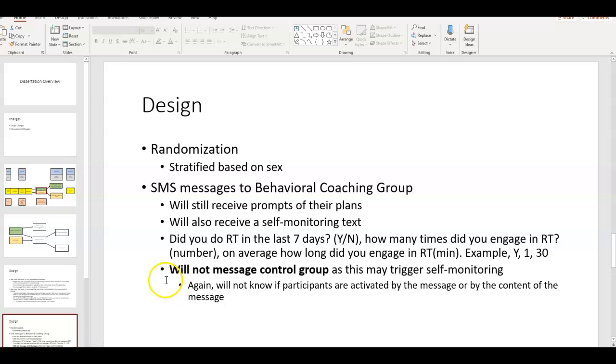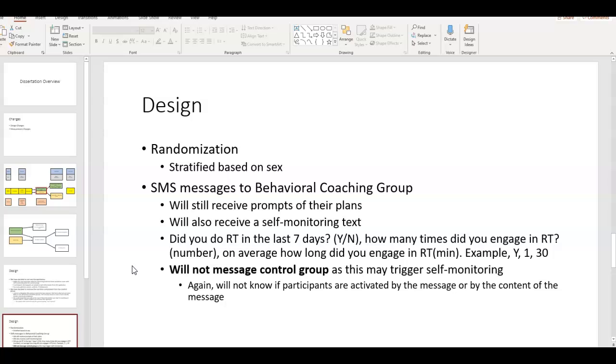In terms of randomization, we decided to stratify randomization based on sex, in addition to using the random numbers generator. The behavioral coaching group will get SMS messages that will be useful for self-monitoring and also planning. So they will still receive prompts of their plans. They'll also receive a self-monitoring text.